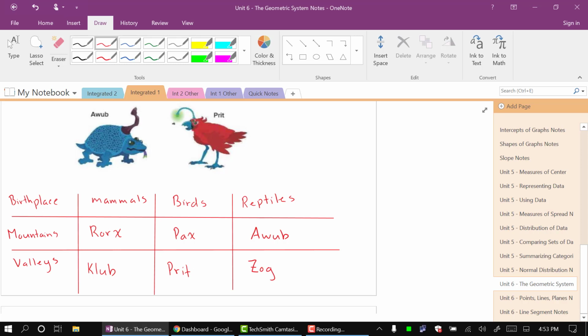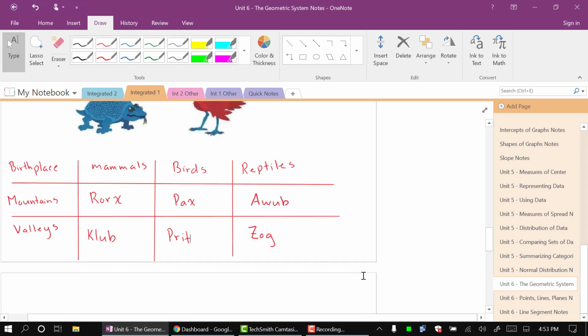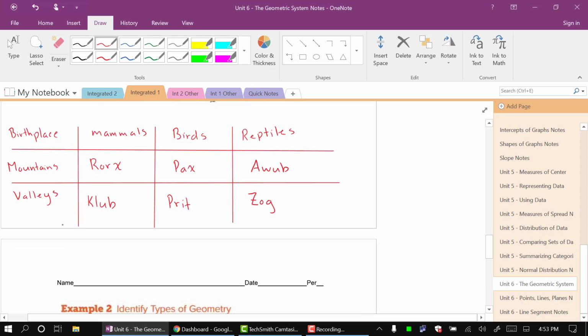We're going to write statements based off this. So our first one is a mammal from the mountains.